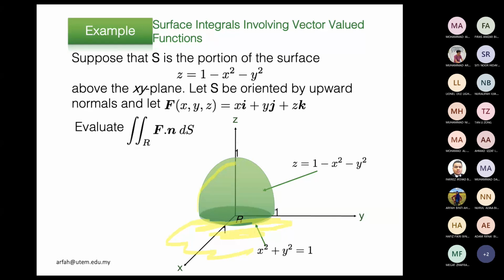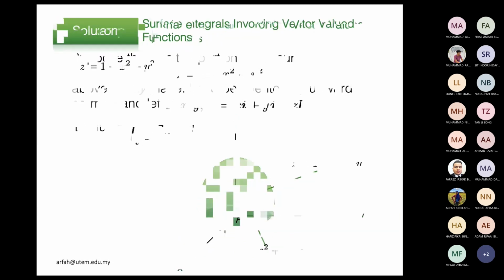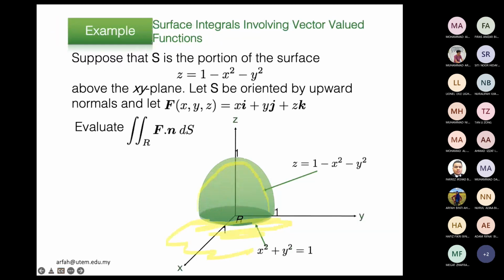So from here, it is located above the xy plane, and you were also given let S be oriented by upward unit normals, and let F be the vector function xi plus yj plus zk. So if we do the graphical picture of this surface, z equal to 1 minus x squared minus y squared.